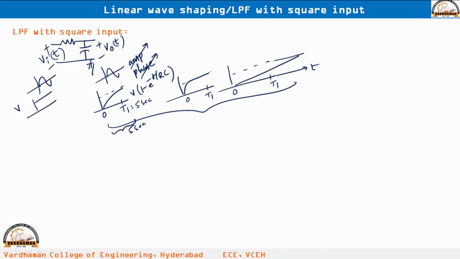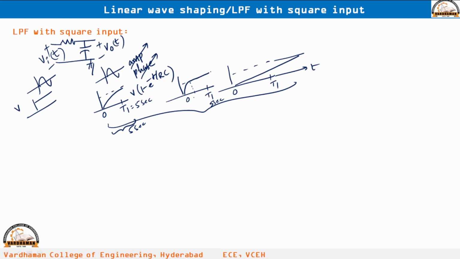Next, if you take the second case, T1 is equal to 5 seconds only, but here one thing you need to observe: the output already reached V volts before t equal to T1. In the first case, exactly at t equal to T1, the output reached V volts. In the second case, the output reached V volts before T1 seconds.